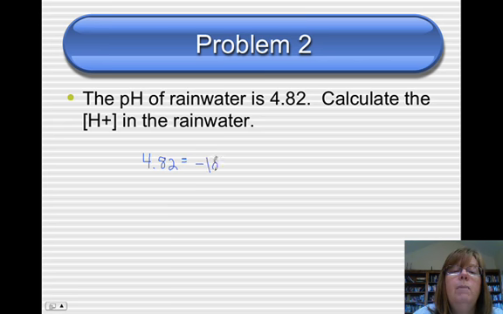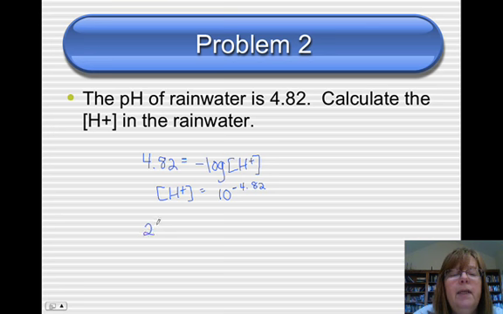Well, now we're going backwards. We have the pH and we want the proton concentration. Well, the proton concentration is equal to 10 to the negative 4.82. And on your calculator, the second function of your log is a 10 to the x button.